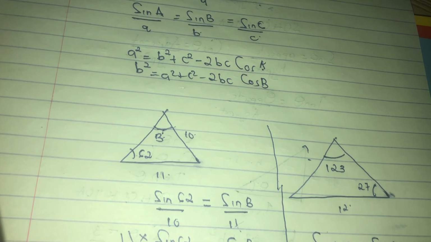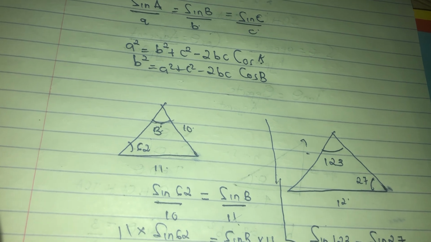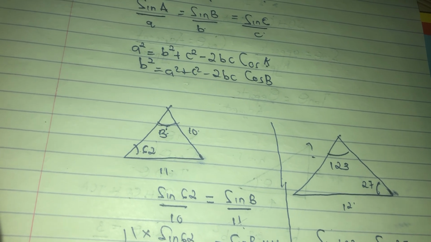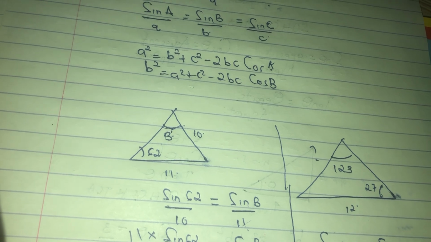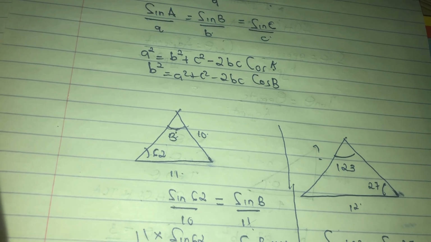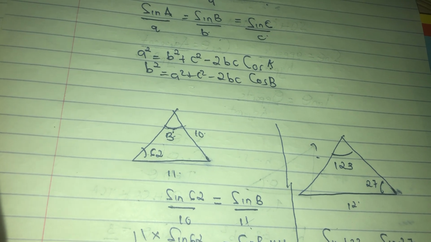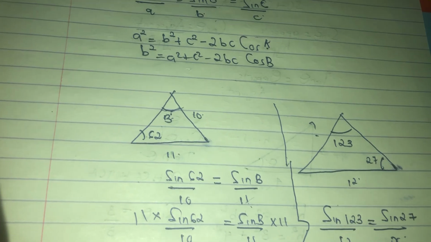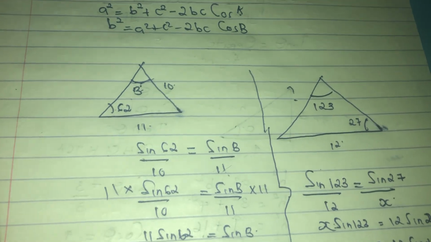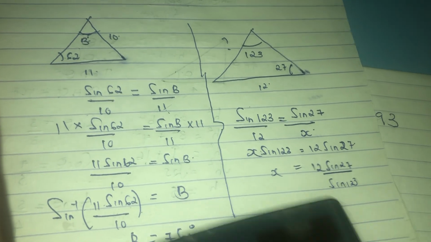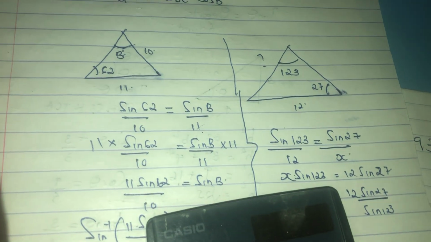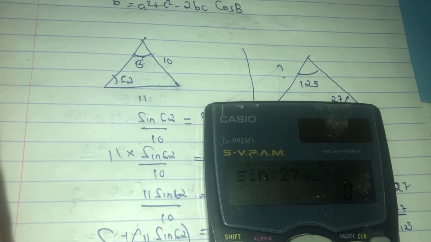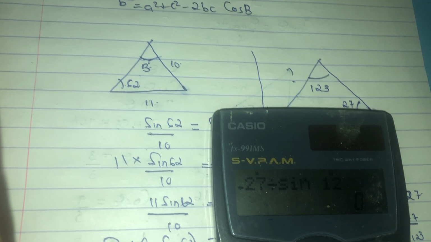When you cross multiply, you have x sine 123 equals 12 sine 27. So x will equal 12 sine 27 divided by sine 123.